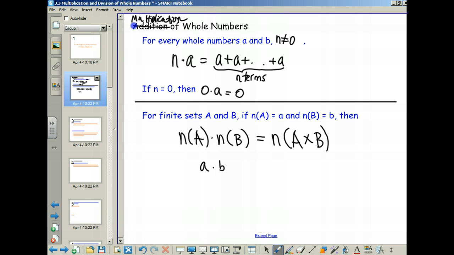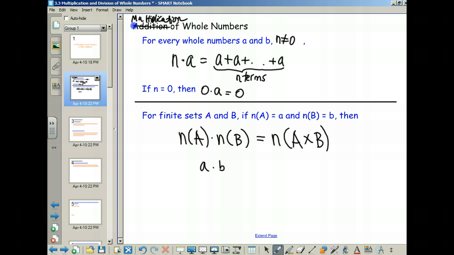We had this formula just like this in that section. We can put them in ordered pairs, pair everything up, and once we paired everything up, we can count how many pairs we have and find the number of items in that set. So these are two alternate ways of thinking about multiplication: repeated addition, or pairing things and counting how many pairs we have.